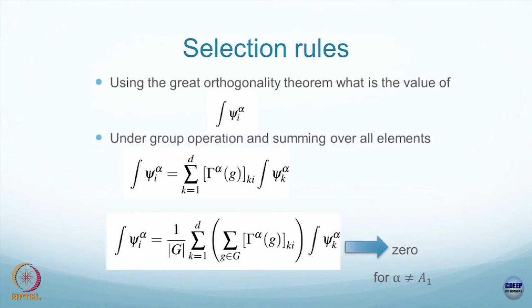Here we got B1 which is not A1. By doing this tensor product, I said it belongs to B1. Go to the top step here, psi I alpha when alpha is not equal to A1 is 0.